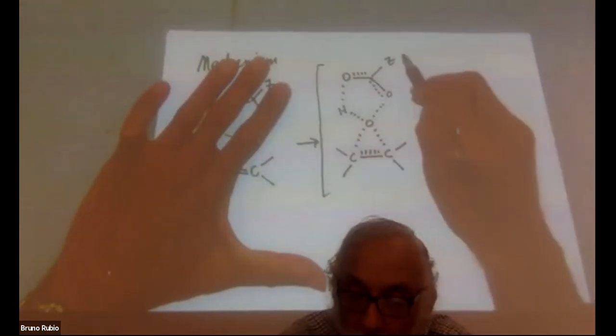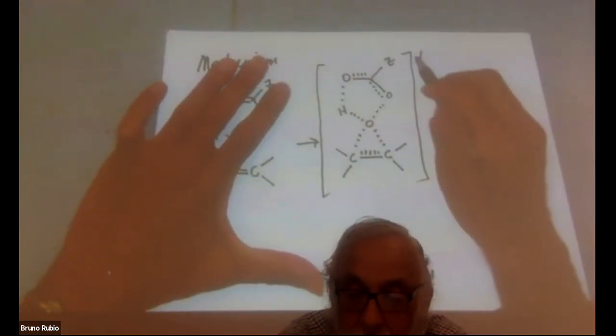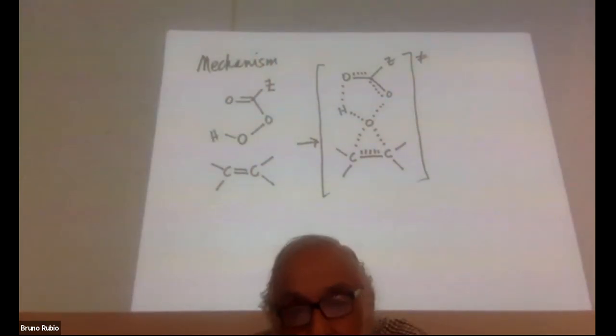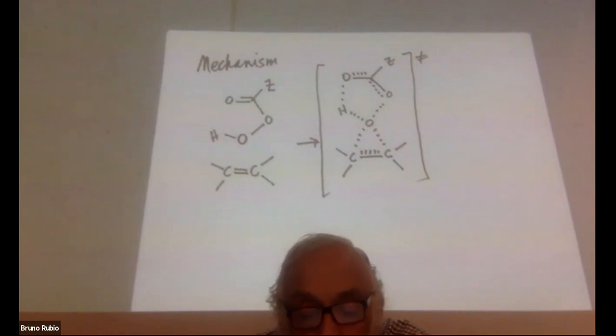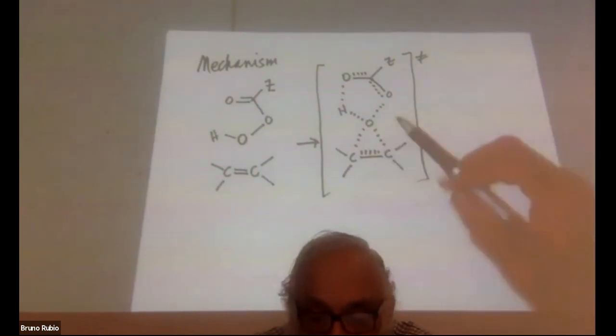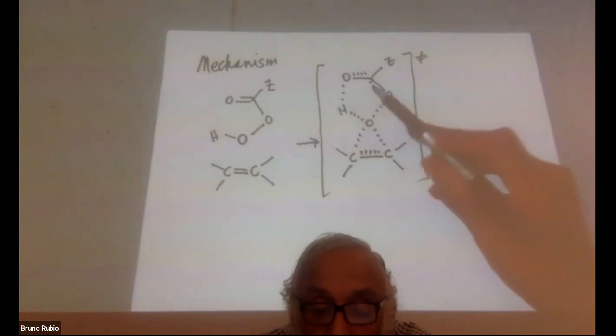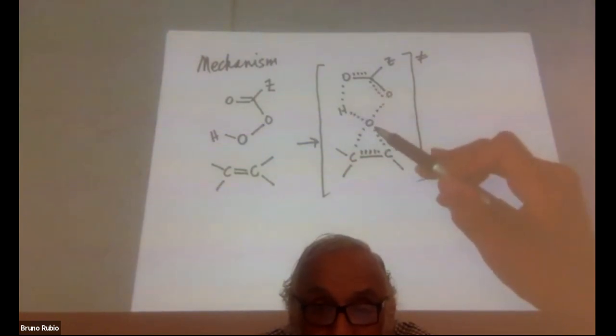So it's all a one-step mechanism. That's the transition state. The nickname for this reaction, for this mechanism, is the butterfly mechanism, right? I guess this is supposed to be the body of the butterfly here, and this is one of its wings, and this is one of its other wings here, right?